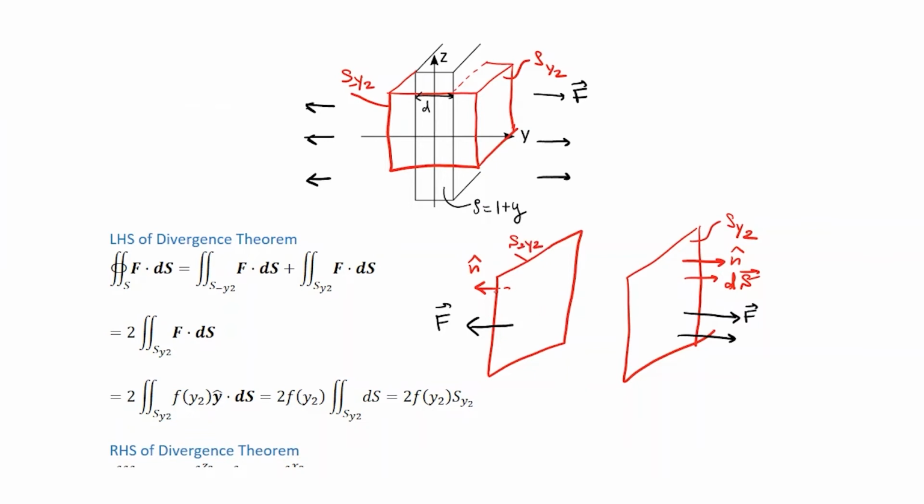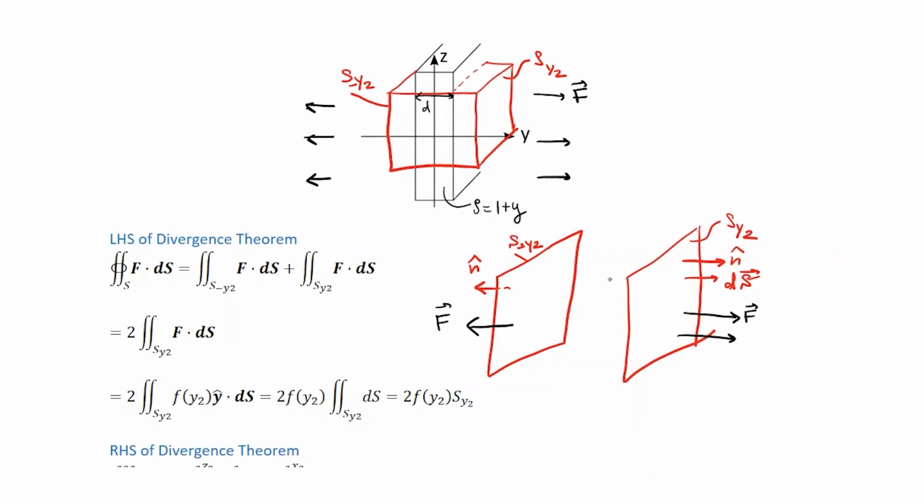Okay. The reason I said it is because since both n hat and F flip, it means that their dot product has the same sign for both integrals, and we know that the magnitude will also be the same. In the two surface integrals, the only thing that could differ is the sign, because the magnitude of F is the same on both sides.